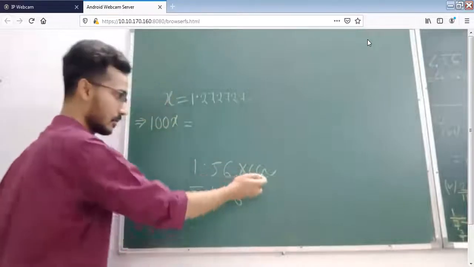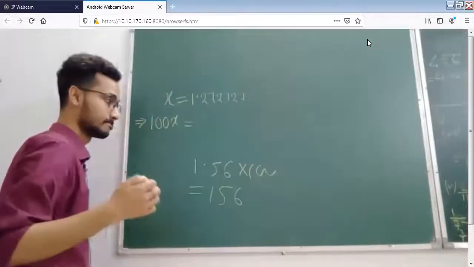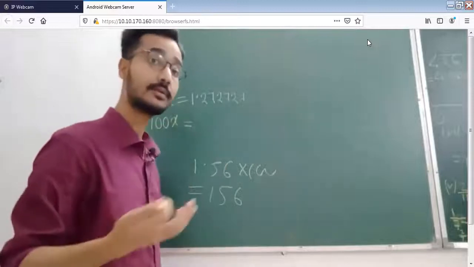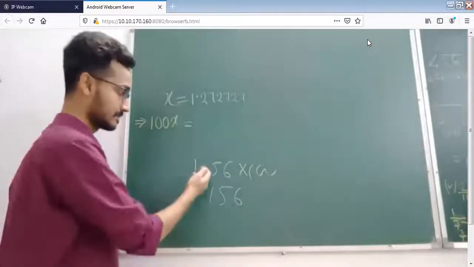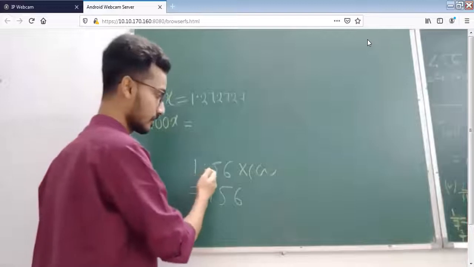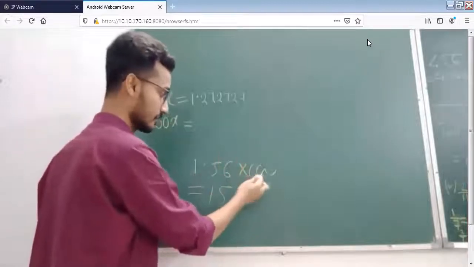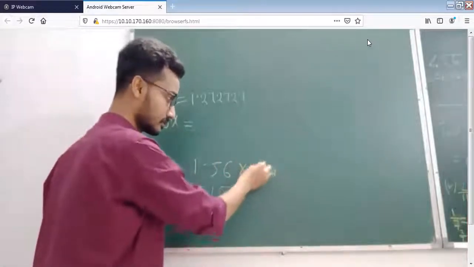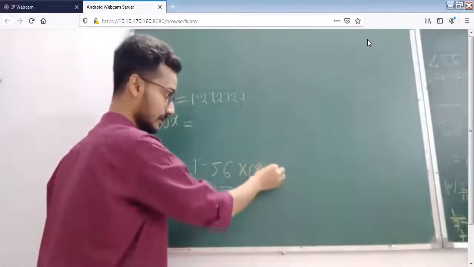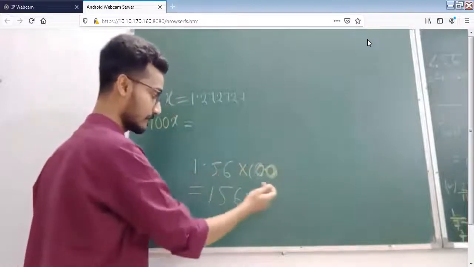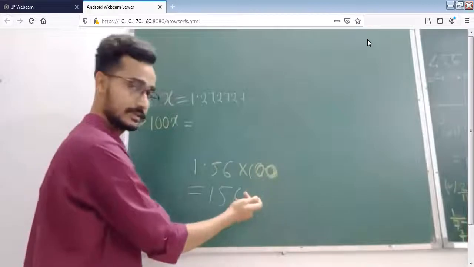That means when you multiply by a multiple of 10, like 100, two zeros are there, so the decimal will come after two digits, yes or no?